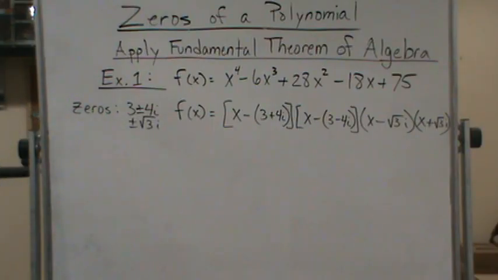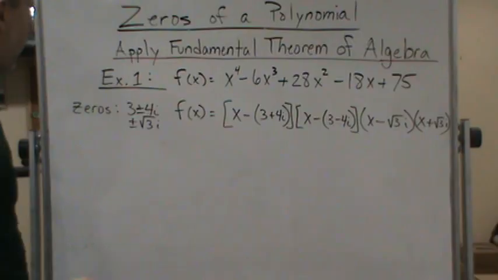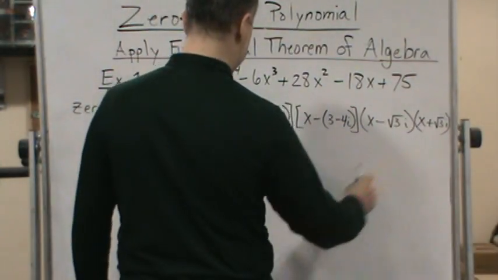All right, and then the next thing, it says to solve for f of x equal to 0. Well, now that we've got it factored, we could use the zero product principle, right?